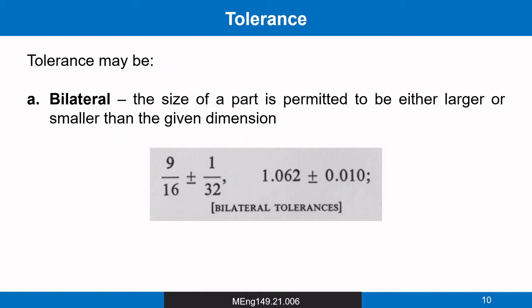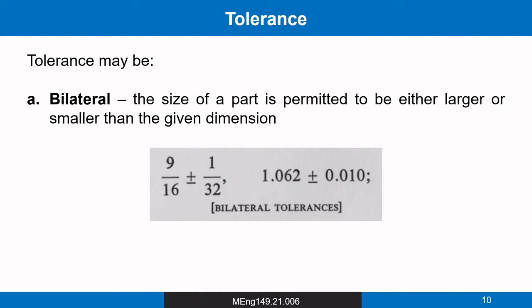For example, if the nominal size of a shaft is a diameter of 9/16, and it is permitted to be either larger or smaller, hence the bilateral tolerance of 1/32 of an inch.